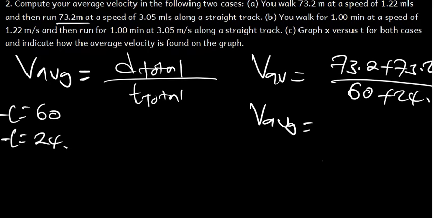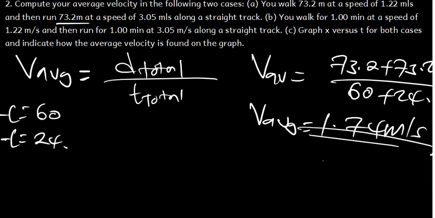We know that 60 plus 24 is going to be 84. So I will divide this by 84. So this is giving me 1.74 meters per second. So this is our average velocity. So this is the answer for part A.